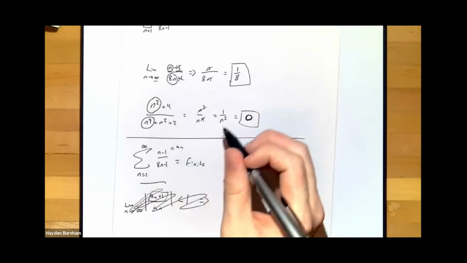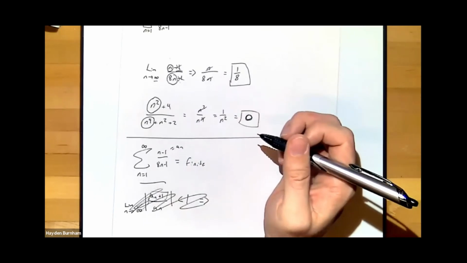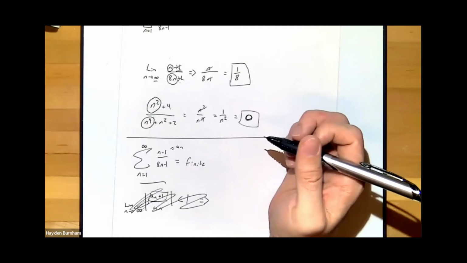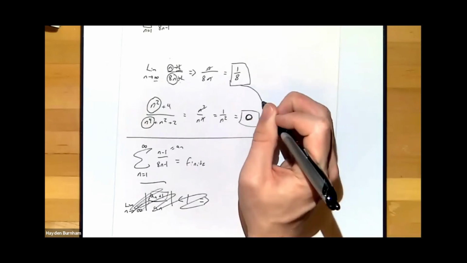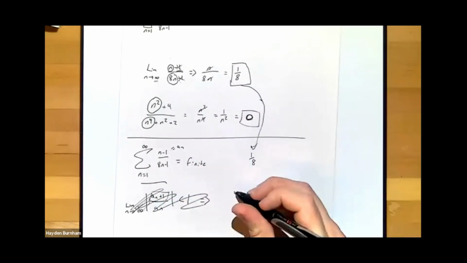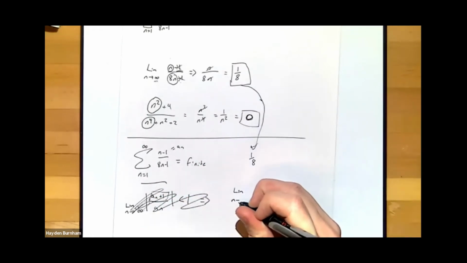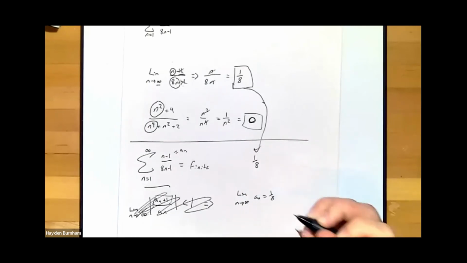I'm going to save you some trouble. If you look at this, you can just take this part from before, the limit as n goes to infinity of a of n. We know that equals 1 over 8.